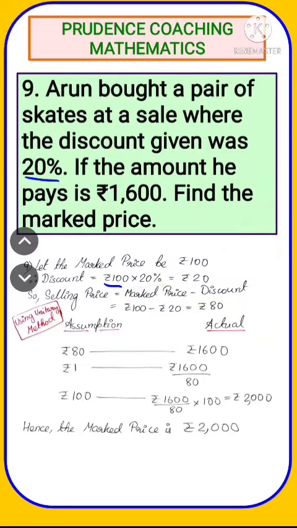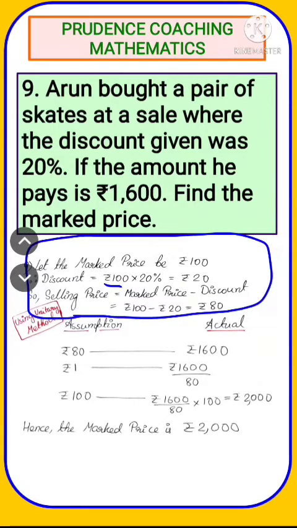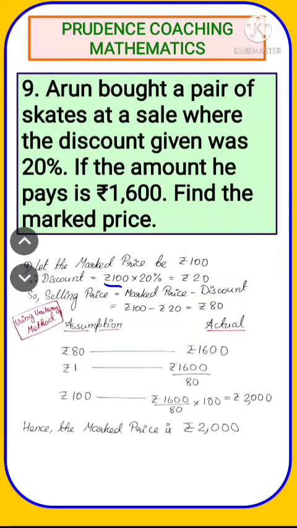But all these things which we have written are our assumption. Now we need to compare our assumption value with the actual value using the unitary method. So according to our assumption, rupees 80 is the selling price, but in the question it is given to be rupees 1600. So we will write rupees 80 equals 1600.